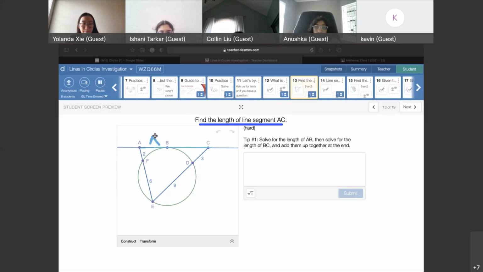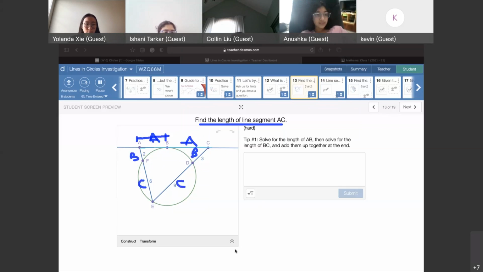AB right here, this part would be A, this part would be B, and this part would be C. Could you do it on the other side? Would BC be A? Yeah, exactly. So this would be A, and then B, and then C.